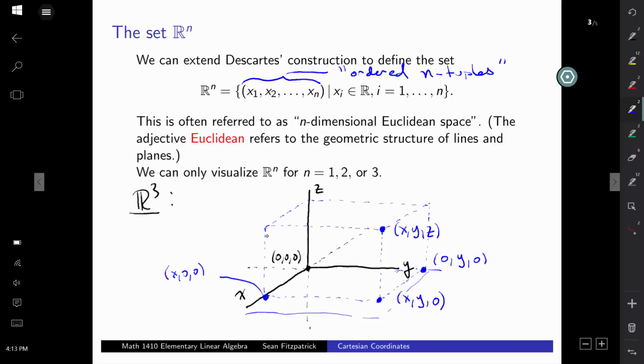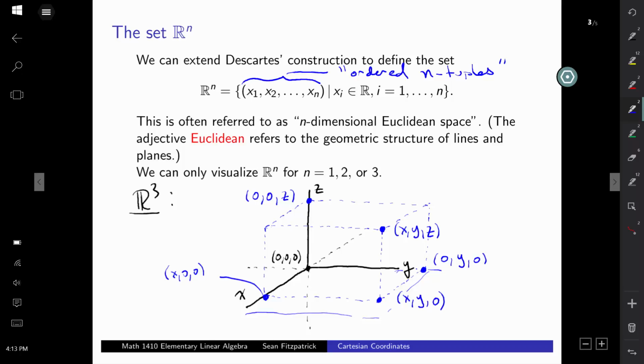And then you can see this corner of the box actually hits the z-axis, and so the point 0, 0, z is sitting right there. Now you've got this three-dimensional box, which lets you get some idea of how you would visualize a point in three-dimensional space in this sort of two-dimensional drawing.